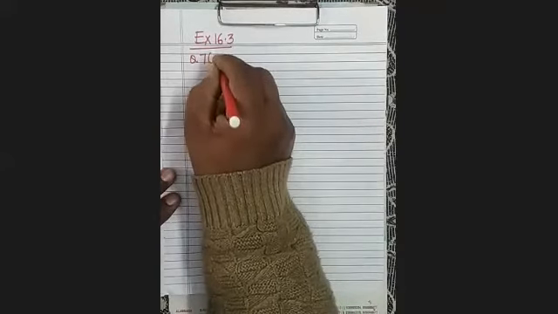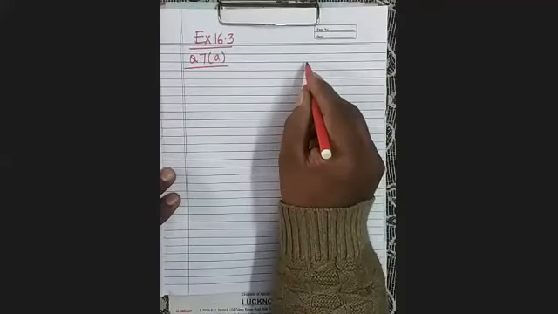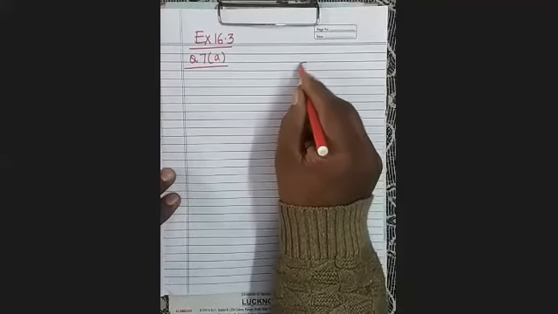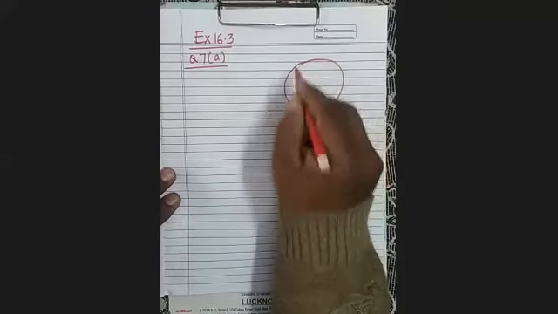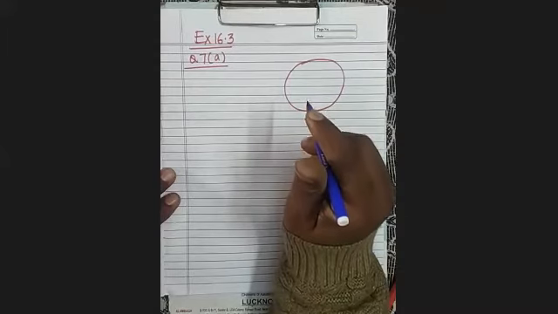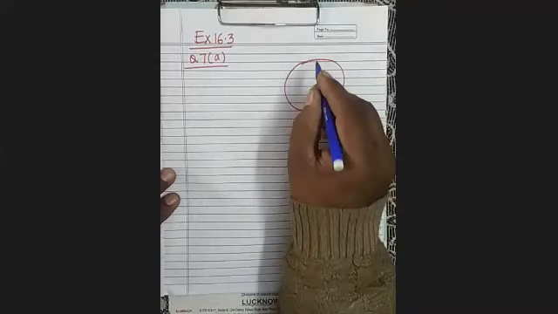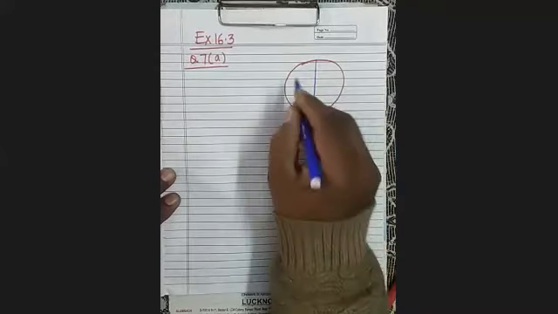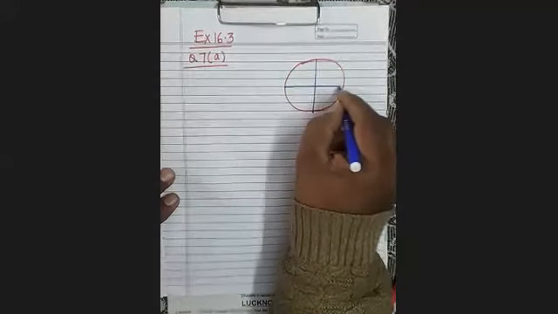Now exercise 16.3. So you see question number 7A. Questions up to number 6 are all based on the formulae. 7A and 7B are both of the same type. In the figure given below, AC and BD are two perpendicular diameters.